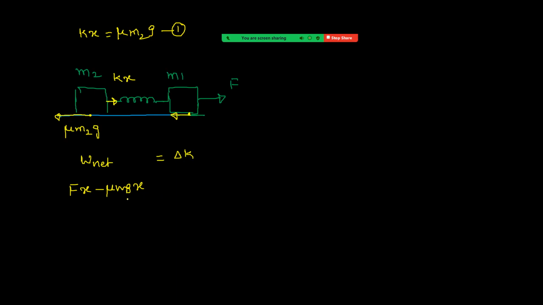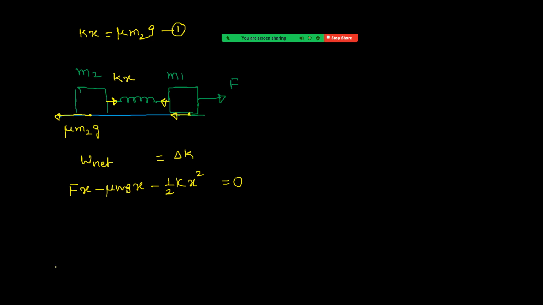Next, the spring force is to the left, the elongation is to the left, and the displacement is to the right. So by the spring force also, the work done is negative, so it is minus half k x square. That is equal to 0. So by the applied force, the frictional force, and the spring force, the net work is equal to delta K.